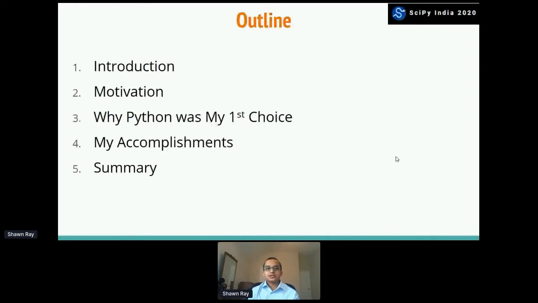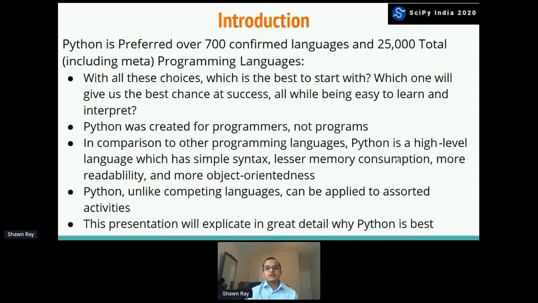Okay, so an introduction. Python is preferred over 700 confirmed languages and 25,000 total programming languages. So with all these choices, which is the best to start with? And which programming language will give us the best chance of success, all while being easy to learn and interpret? Well, Python was created for the programmers, not just programs.